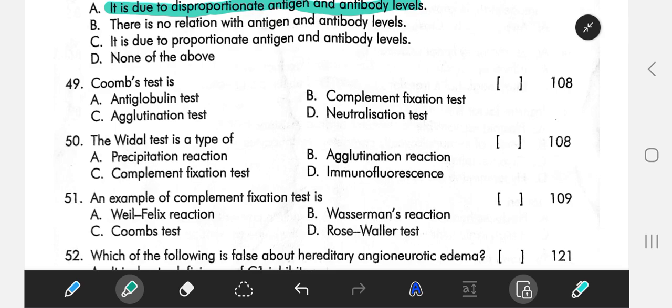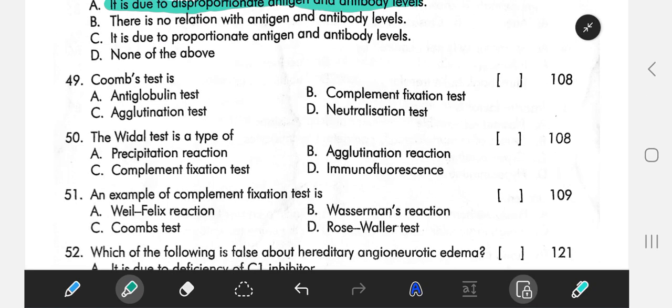Question number 49. Coombs test is option A. Antiglobulin test, B. Complement fixation test, C. Agglutination test, D. Neutralization test. Answer will be A. Antiglobulin test.